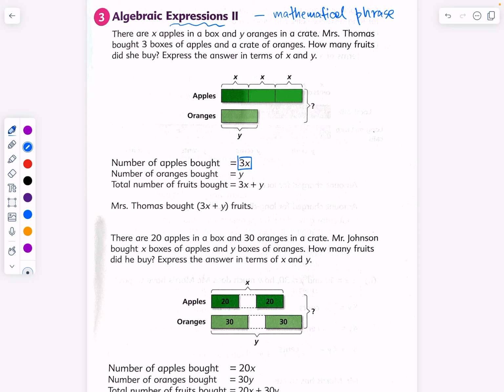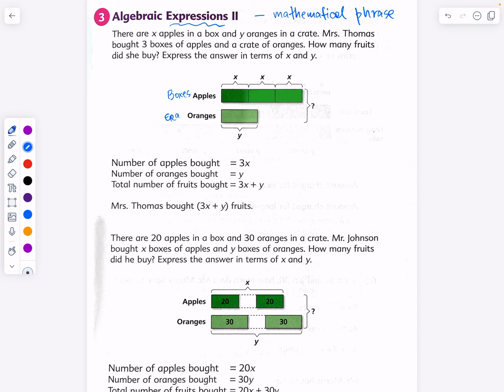3x is an expression. 3x plus y is also an expression. So let's practice. I'm going to go over this example of translating English to math. There are X apples in a box and Y oranges in a crate. So these are boxes and these are crates of oranges.